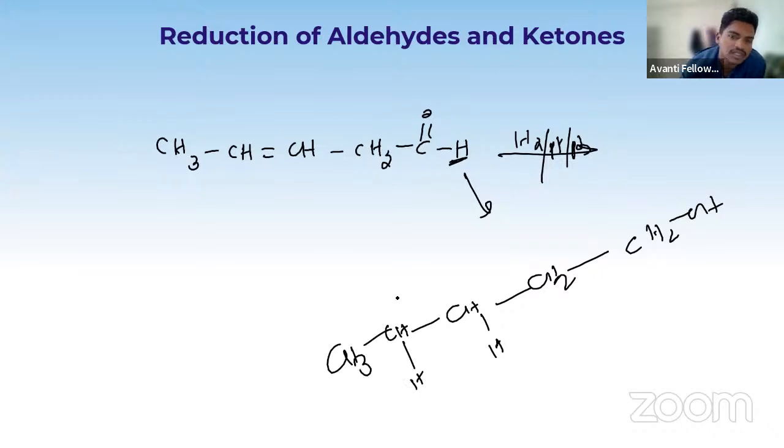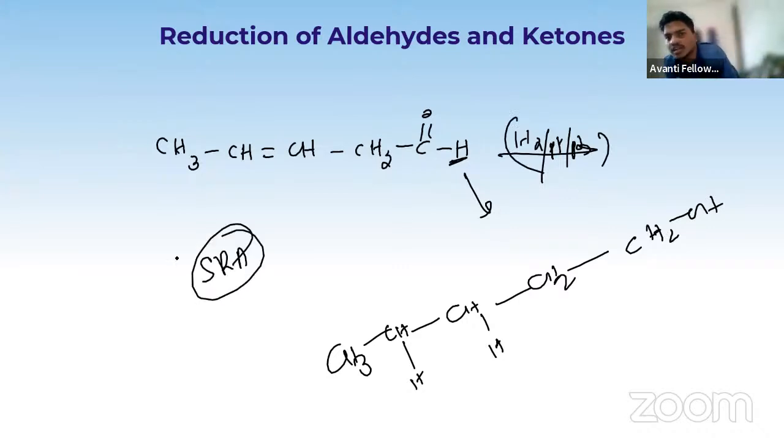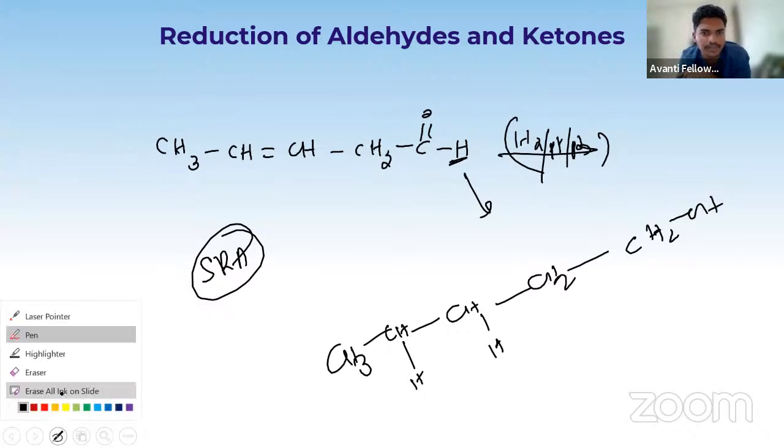So we can clearly say that H2 is the strongest reducing agent, which will help in reducing double bonds, triple bonds, alkyl chlorides, or esters also. This is another important point regarding H2. Just a minute, guys.